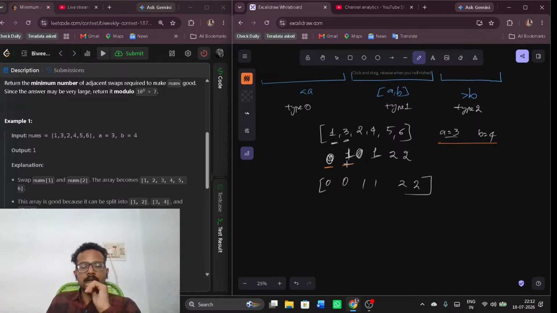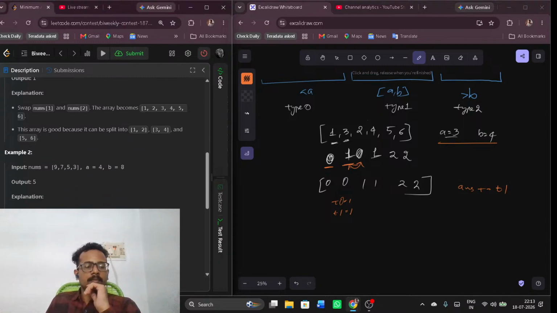So how many type 0 did I have till here? Type 0 is 1. Type 1 should not be at this place, right? So what I would do, I would add this to the answer. Answer plus equal to type 1, right? So by just doing one swap, I would get it.